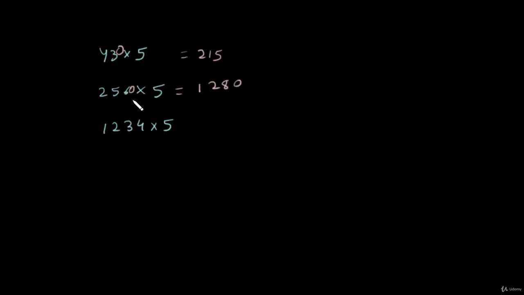So this has become very simple. Again we will place a 0 after the number. So this will become 6170. So it's very fast to write the answer now. So for multiplying any number by 5, just place a 0 after the number and then write the half of the number.